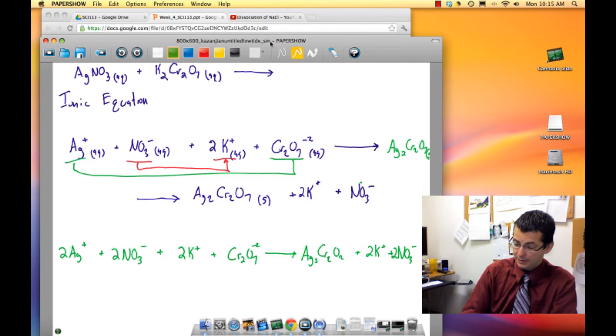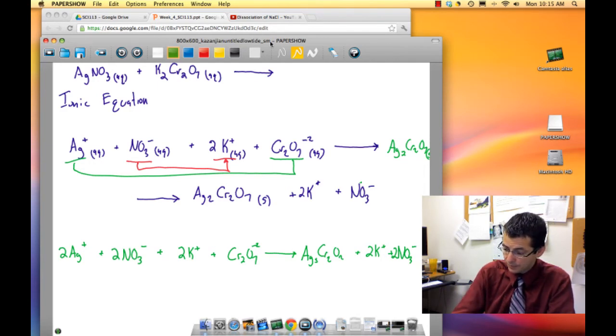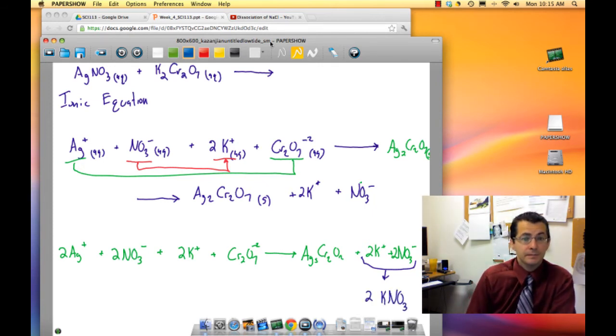Now this would be a balanced chemical reaction. We could then simplify this back to 2KNO3 if we so desired.